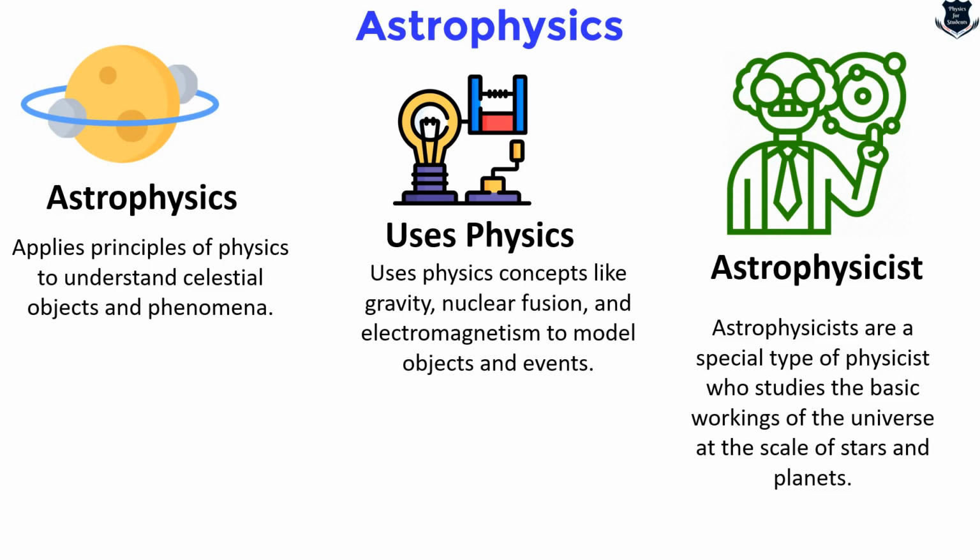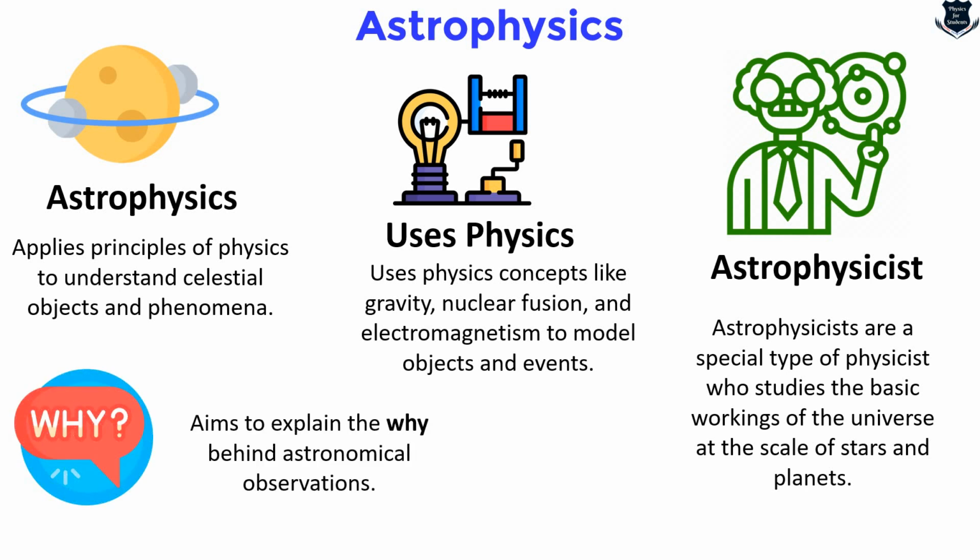They are called astrophysicists, and they are a special type of physicist who studies the basic workings of the universe on the scale of stars and planets. And why do we do that? Because astrophysics explains, or aims to explain, the why behind all these astronomical observations. So the why part is being addressed by astrophysics.